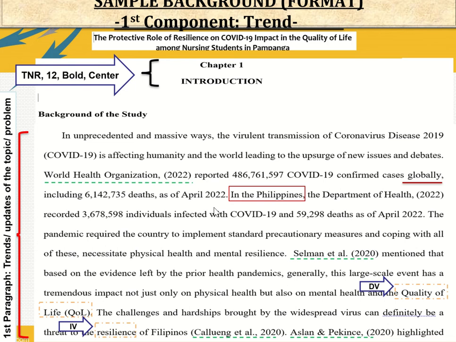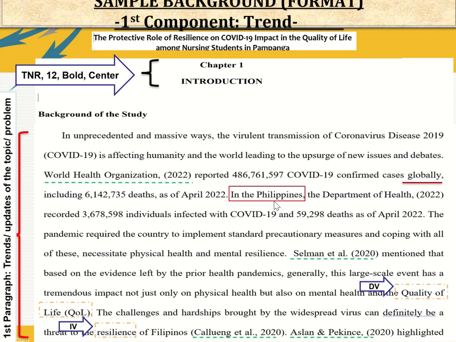And then, after presenting, pwede pa kayo magdagdag dito in the global perspective or in the global literature or related studies, as long as relevant siya and it is significant. And then afterwards, after presenting the general trend, you now proceed to the local context or to your contextualized study.